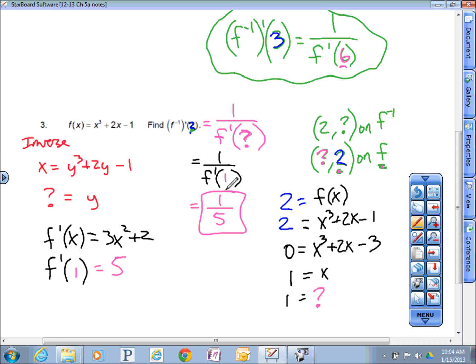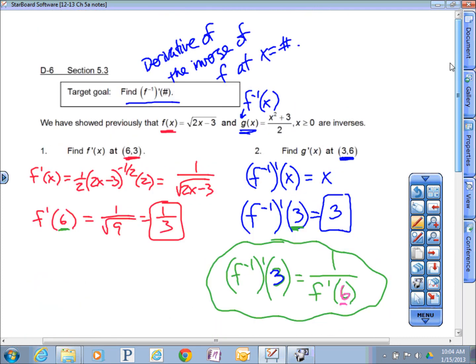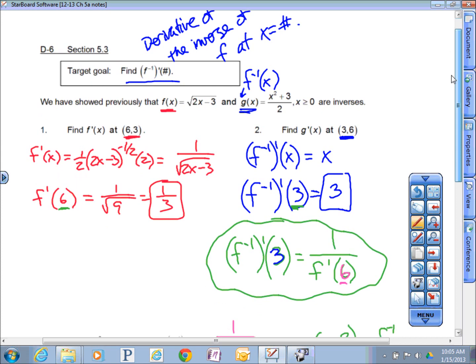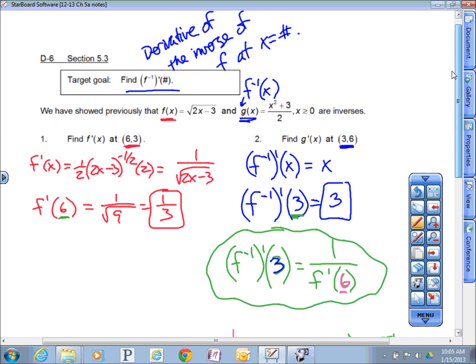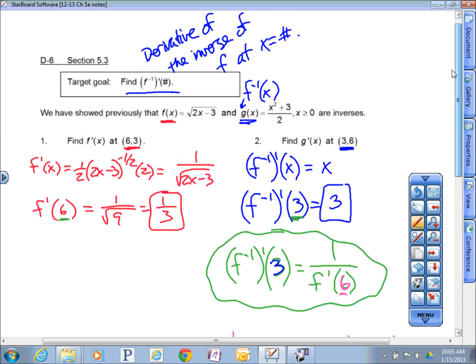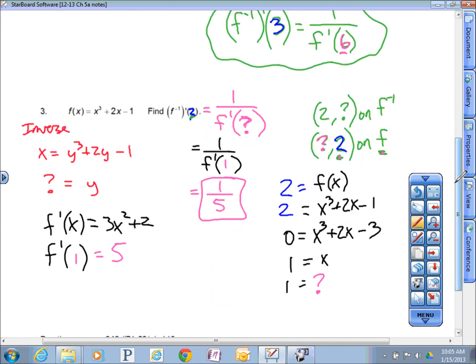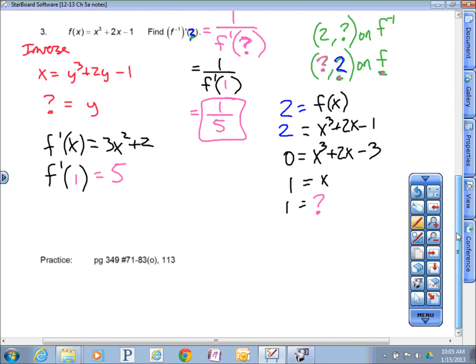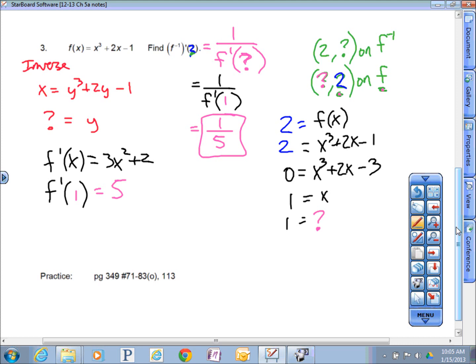So to recap all of this, here's what we find out. When we're asked to find f inverse prime of a number, the derivative of the inverse function of f at whatever number we're given, this number that we are given, this 2, is going to be a y.